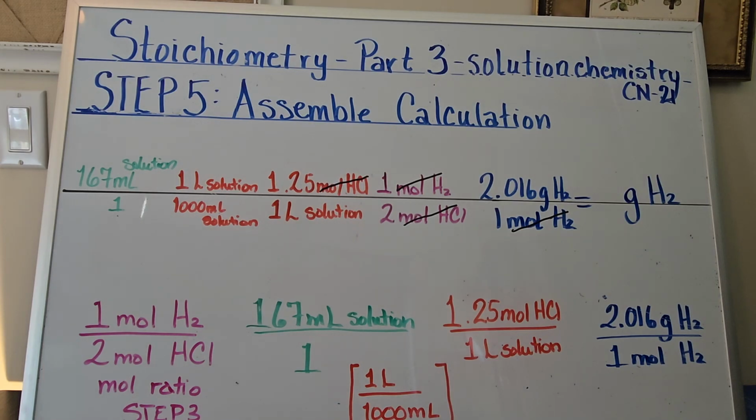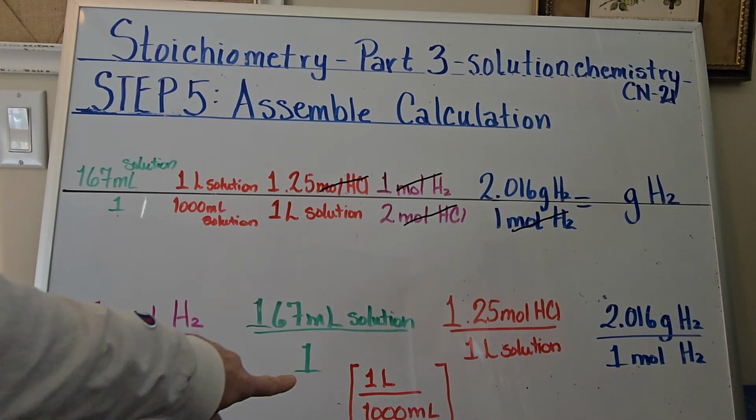So you have 2 courses of action. We're going to assume that I'm going to stay with 167 milliliters and not do my mental calculation. If you do your mental calculation and translate that into 0.167 liters of solution, you won't need this unit factor.